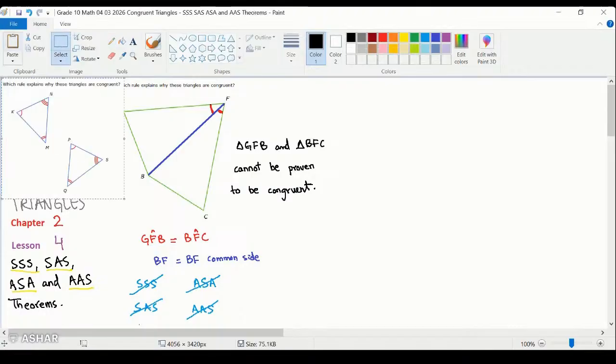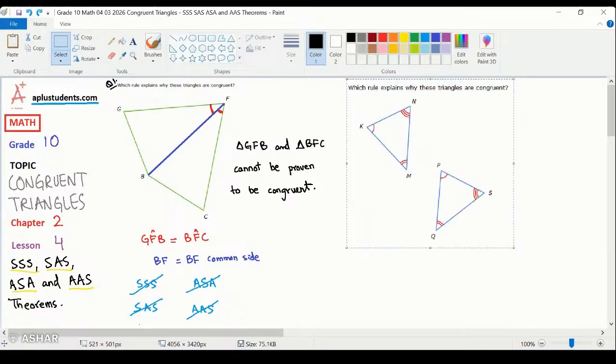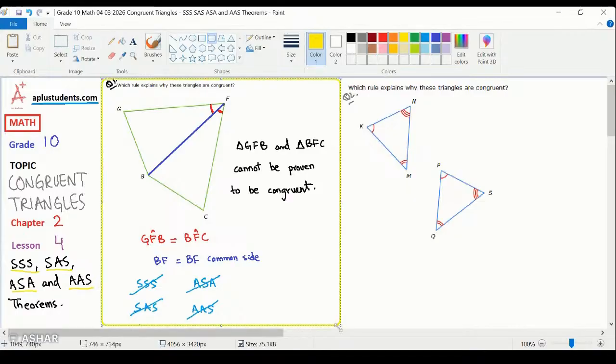Question number 2. Just a moment, please. In question number 2, this information has been given to us. This is our question number 2. Let's see which property can be applied over here. What they are telling us is that angles are given to us.